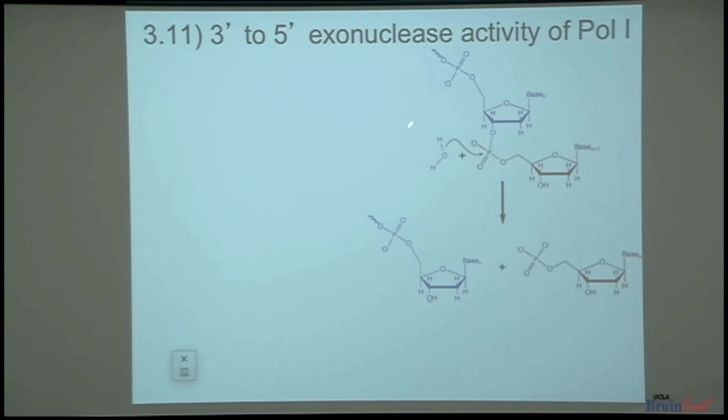A water molecule comes in and attacks the phosphorus atom of the phosphate group in the phosphodiester linkage. You then break the DNA by removing that last nucleotide. Now we've shortened the nascent nucleic acid strand by one base. We've removed this base.